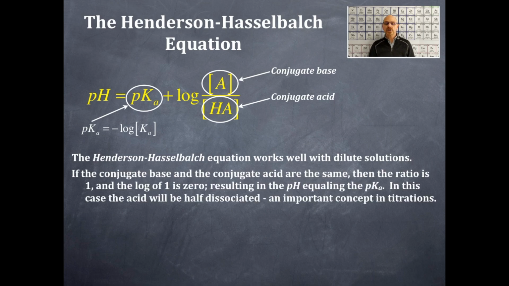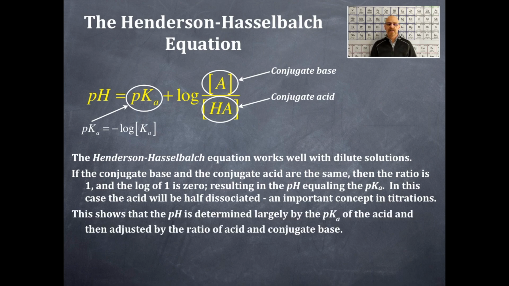If the conjugate base and the conjugate acid are the same, then the ratio is 1, and the log of 1 is 0, resulting in the pH equaling the pKa. In this case, the acid will be half dissociated. This is a very important concept for titrations, which we're going to be talking about in just a little bit. This shows that the pH is determined largely by the pKa of the acid, and then is adjusted by the ratio of the conjugate base to conjugate acid.